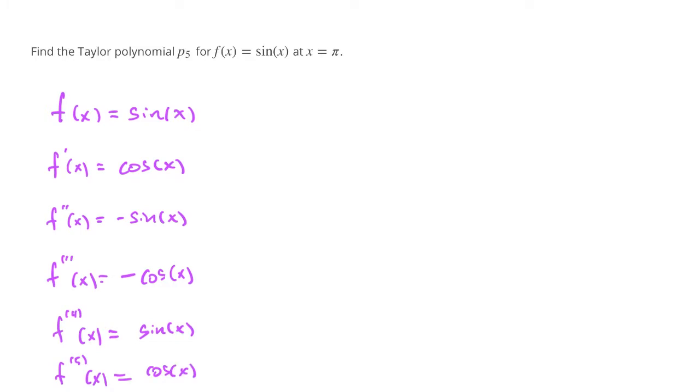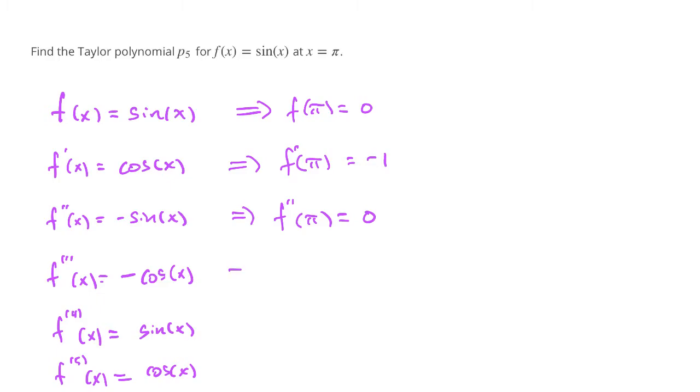Now if we take each one of those and evaluate at pi, we find the sine of pi gives us 0. Cosine of pi for our first derivative gives us minus 1. Our second derivative evaluated at pi gives us 0.